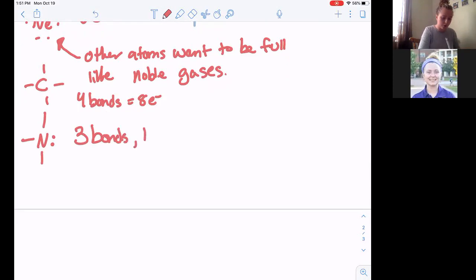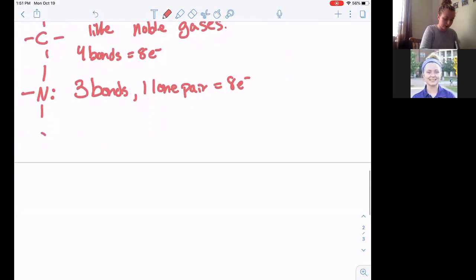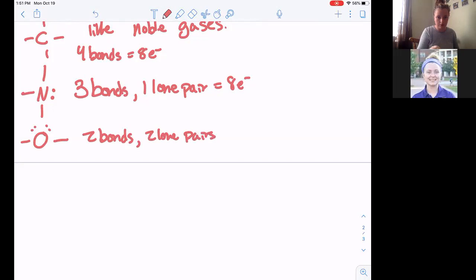So 3 bonds and 1 lone pair is equal to 8 electrons for nitrogen. Oxygen, like I said, it's 2 away from the noble gas. It only needs 2 bonds to complete that octet rule. So 2 bonds and then 2 lone pairs. So it only needs 2 bonds.